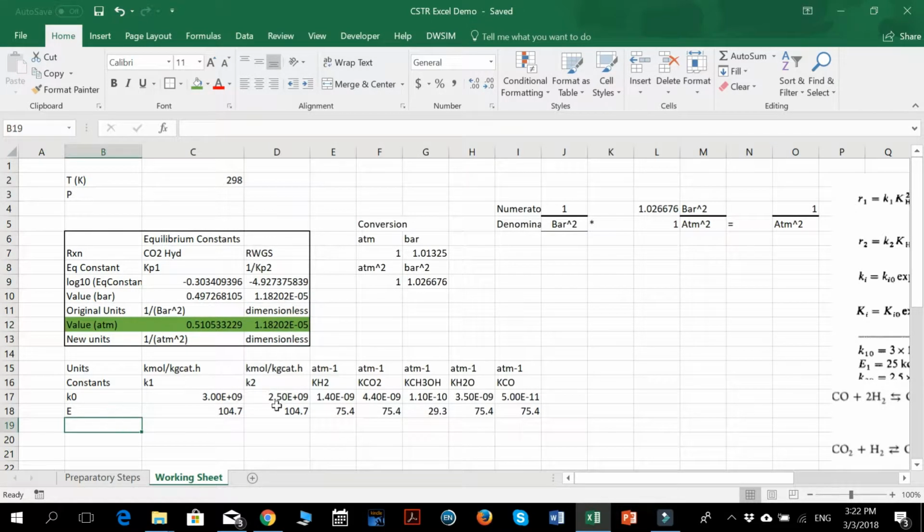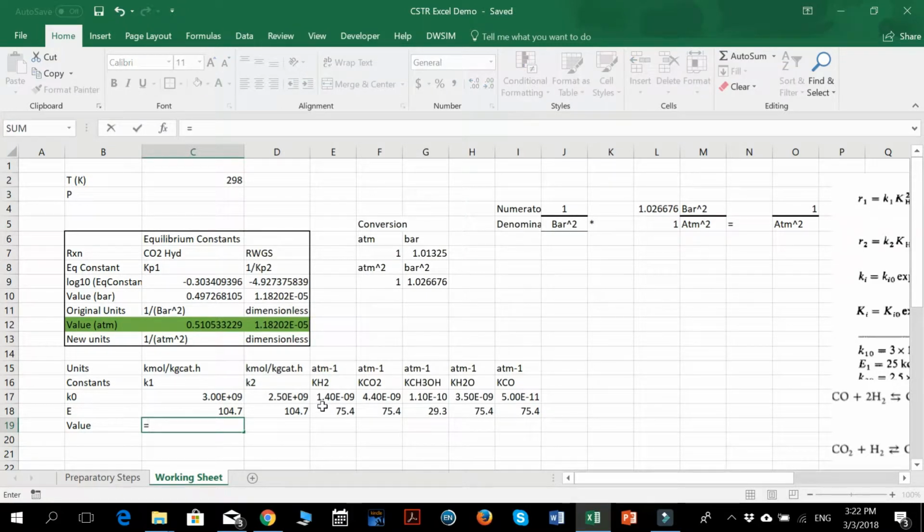So now let me do some of the value calculations here as well. I only have to type the formula once. Then I can just copy over the whole thing, right?